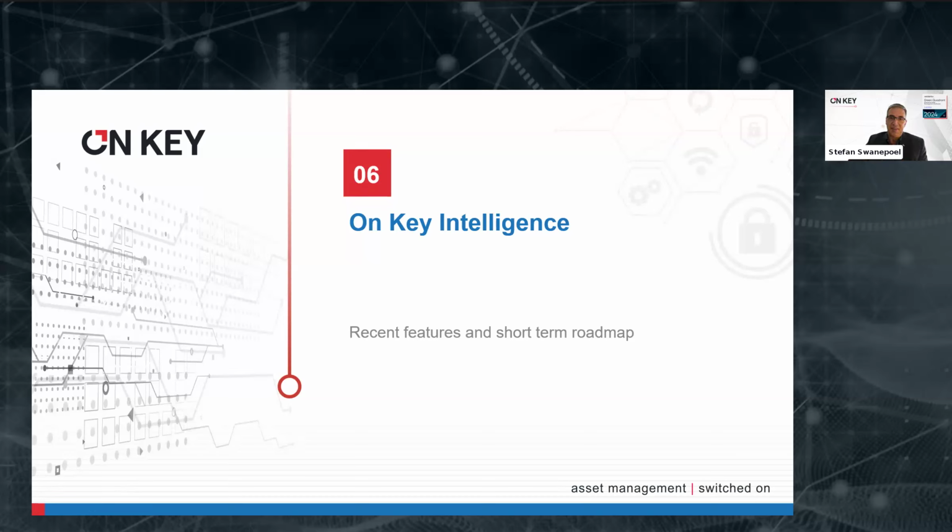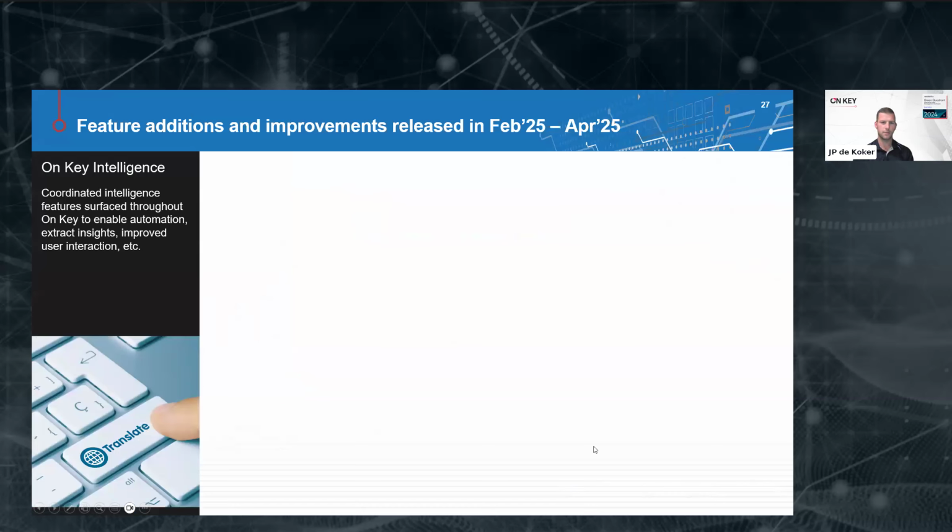All right, then JP, it's going to be over to you for the next two ones around intelligence. Thanks, Stefan. Yeah, I'm going to share on a specific feature that we've worked on recently, and that's readily available in production for clients that request this. I'm not going to go into much more detail.